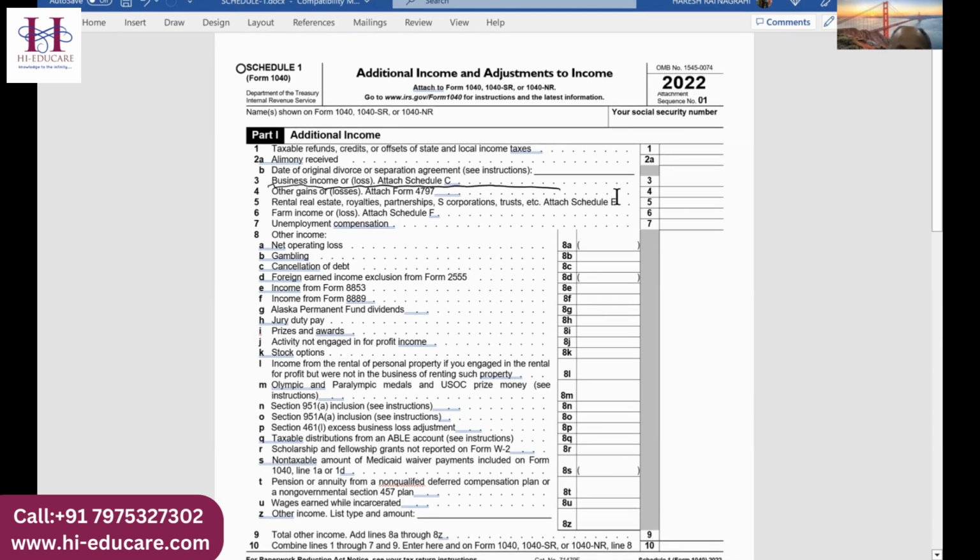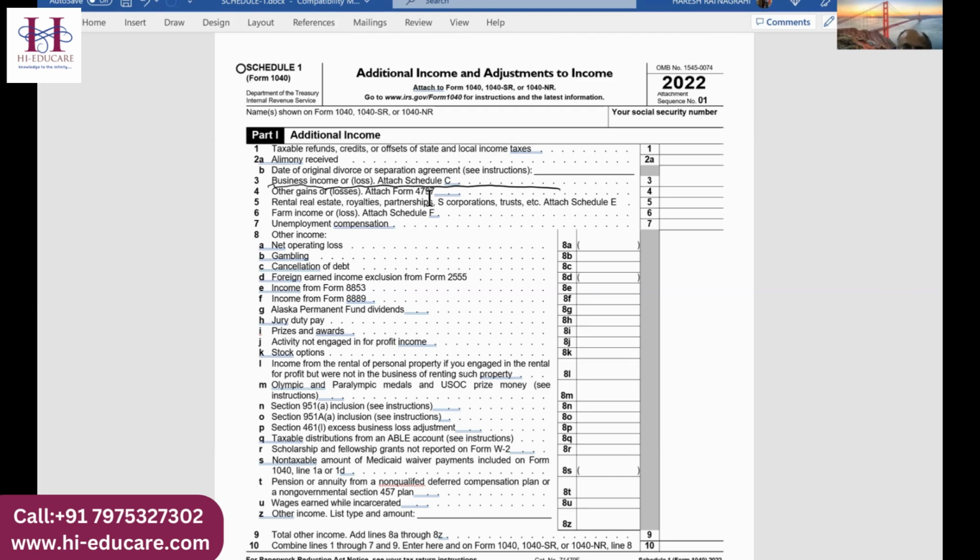Then Schedule E is also there. Can you see Schedule E? Your rental passive income: rental, real estate, royalties, partnership. Partnership is a pass-through entity, meaning income is passed through from the partnership to your tax return. With an S corporation, you become an equity shareholder. Your share of the income flows from your partnership return and S corporation return; basically you get a K-1.